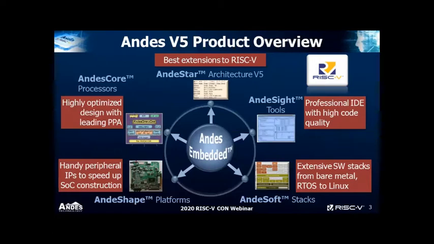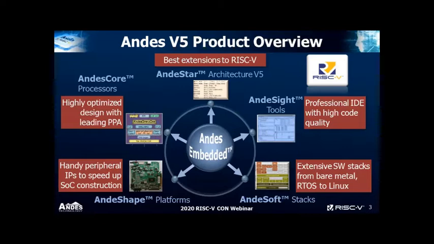Andes provides comprehensive products to support our customers. From the top, we have AndeStar, which now is V5 architecture based on RISC-V ISA. On the top left, we have AndesCore, which is our highly optimized CPU cores.